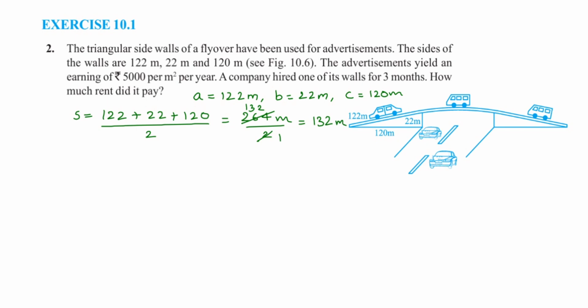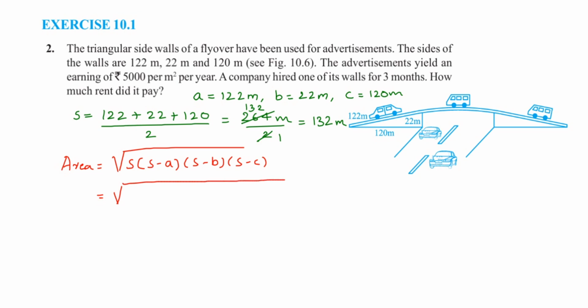Now we have to use this to find the area. We'll use Heron's formula. So area will be, first we'll write the formula, the square root of S times S minus A, S minus B and S minus C. So this is equals to square root, and now substitute the values.